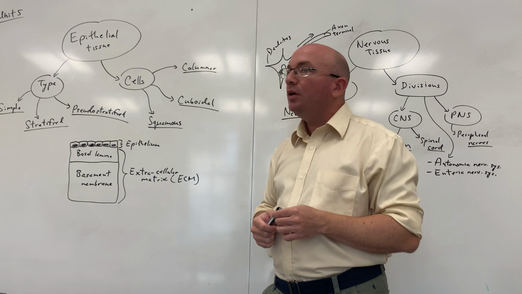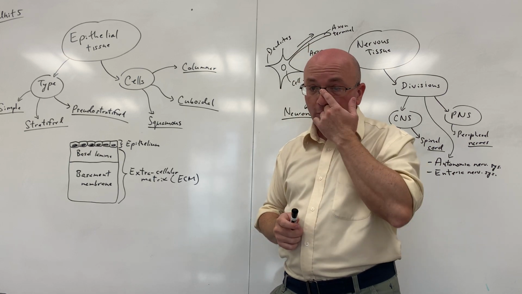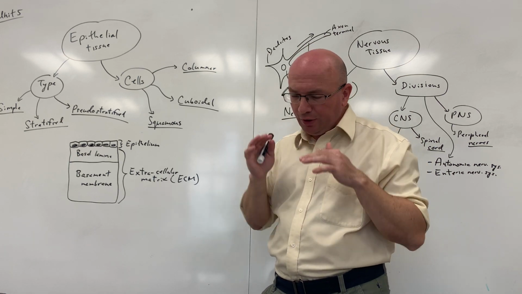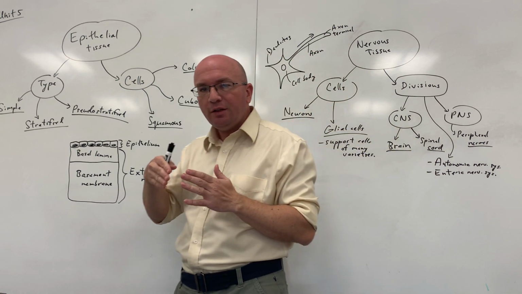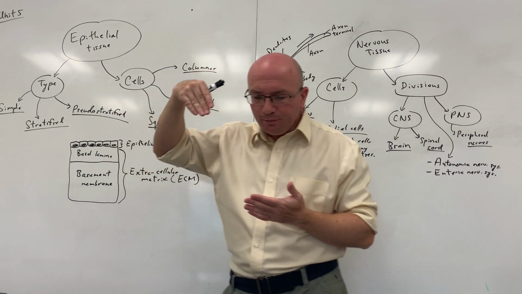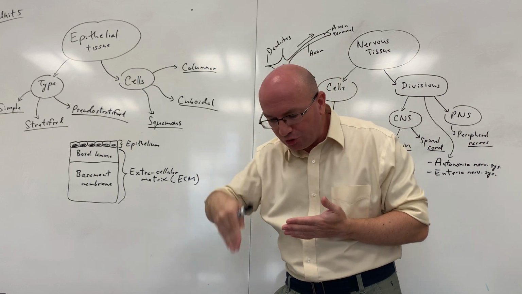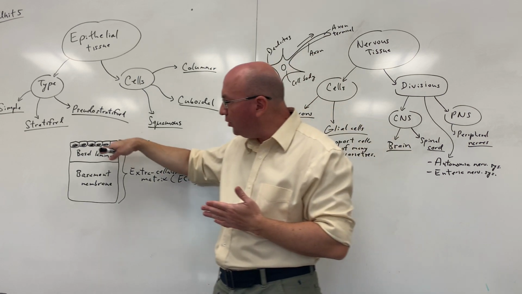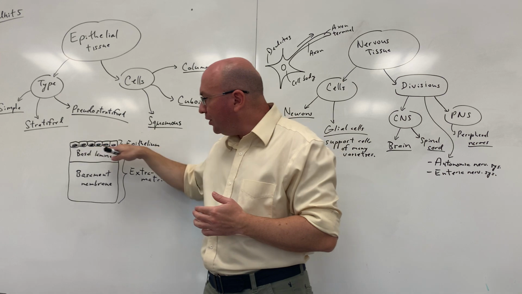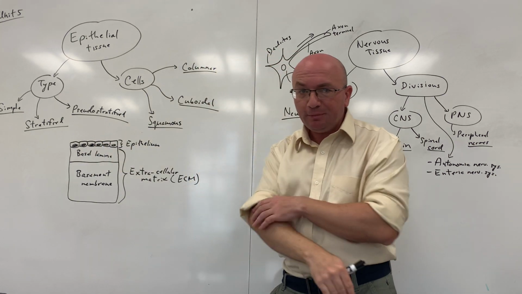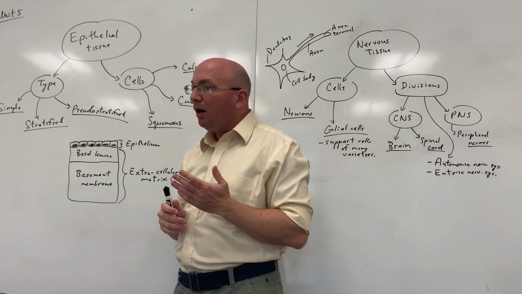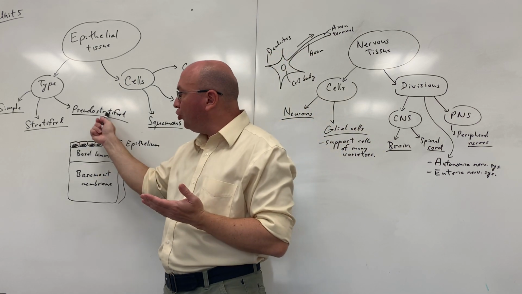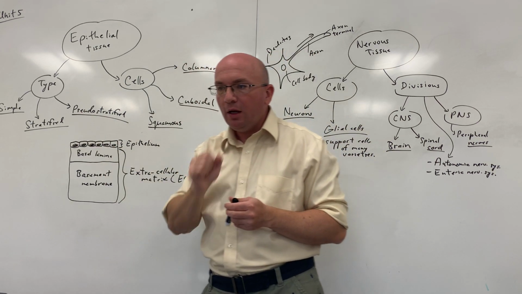If now we have a somewhat more complex structure, where it looks like multiple layers, but in reality every single cell somehow manages to squeeze between and touch down to the bottom, the basal lamina component here, the support tissue that we're going to talk about soon, then this type of epithelium is called pseudostratified, or false stratified.